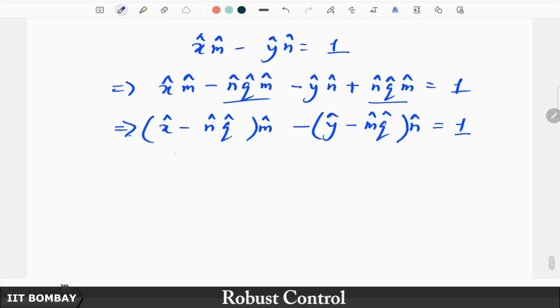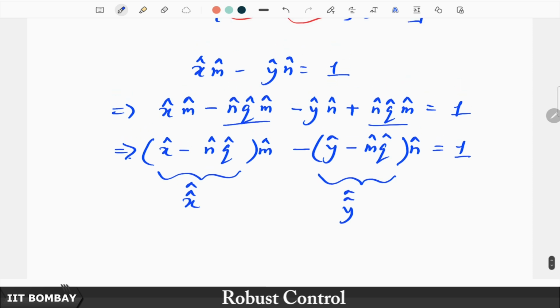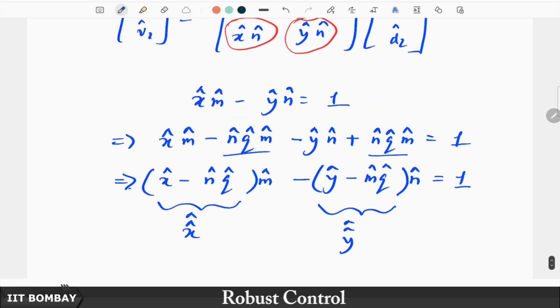Now, suppose you call this whole thing x double hat and this whole thing y double hat. Yeah, this also satisfies the Bezout identity, right?